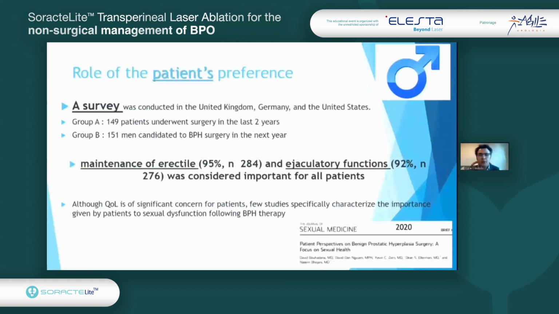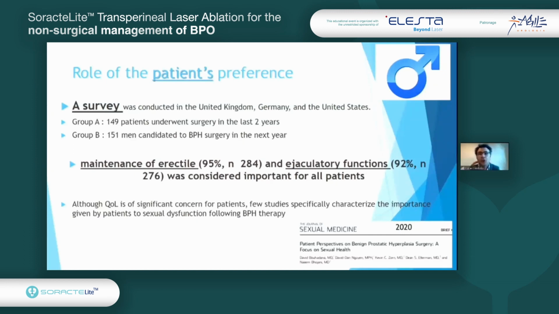This is one of the papers I like more because this is a survey conducted in several European countries and also in the United States, showing how the patients who underwent surgery, but also men candidates for BPH surgery, what they think about the maintenance of erectile function and ejaculatory function.